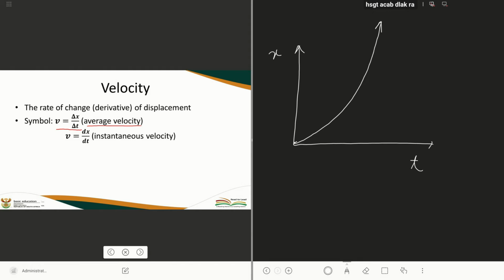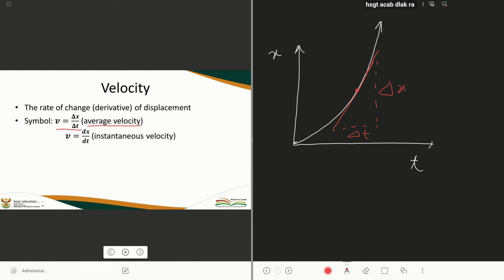Now, if you wanted the instantaneous velocity, it means that the velocity at a particular point in time of this function, you will then have to draw a tangent to the curve. So a tangent will be a straight line that touches that curve at one point. And then we'll say that the slope of this tangent, the change in x over the change in t, will give you the gradient at this particular point of contact. And that will be referred to as the instantaneous velocity.